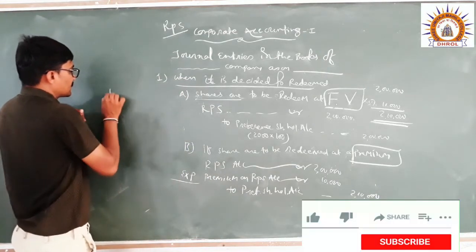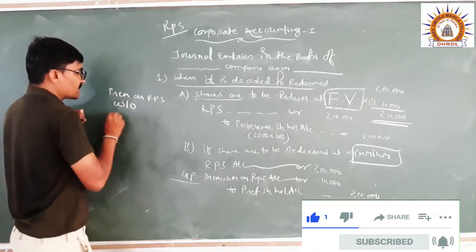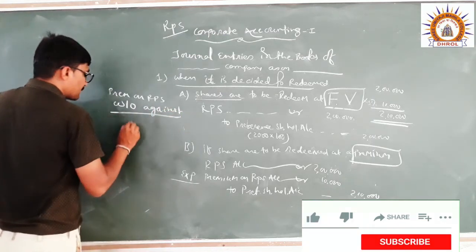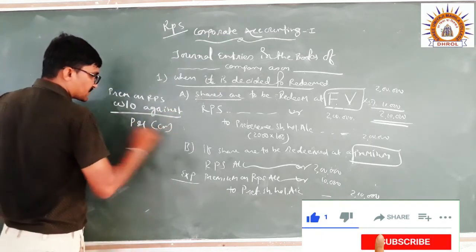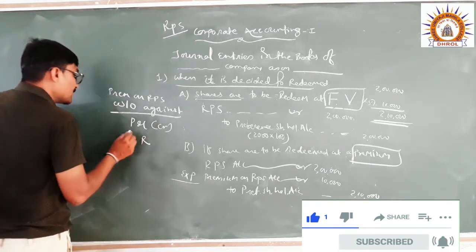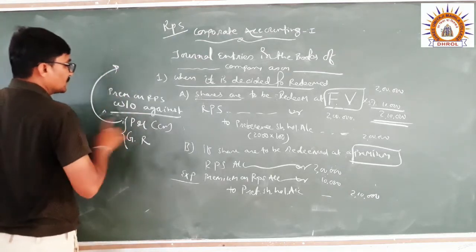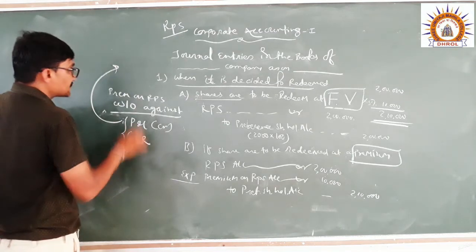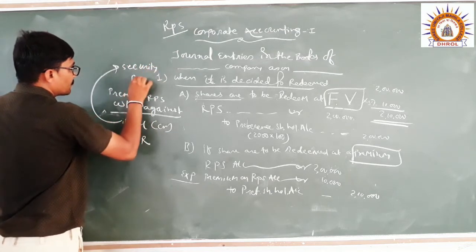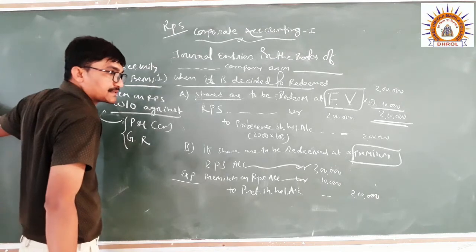And this amount of premium on RPS is written off against which? See, there is a balance of profit and loss, which is always a credit balance, right? There is a general reserve, right? And before these two items, if there is a securities premium in the books of the company, as on the balance sheet, right?